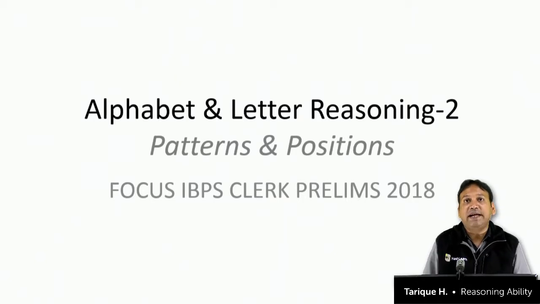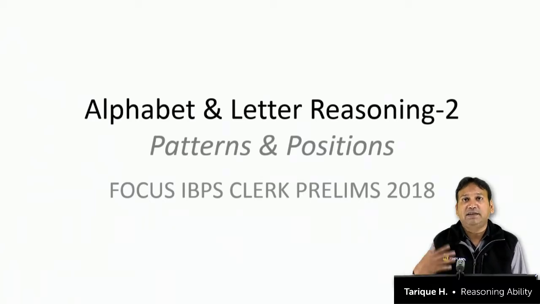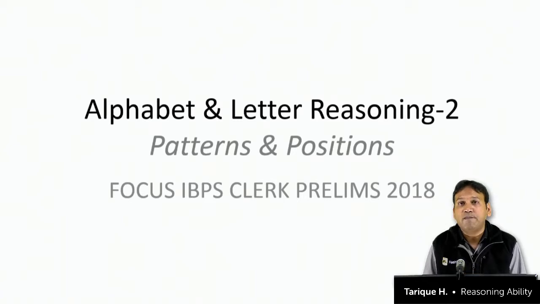In the previous session for the reasoning module, I covered alphabet and reasoning part 1: the basic understanding of different types of alphabets of the English language, the concepts of consonants and vowels, and the positional value of a letter from the beginning, that is from the left end when we take A equal to 1, as well as from the end when we take Z equal to 1. We also discussed techniques to find the positions faster.